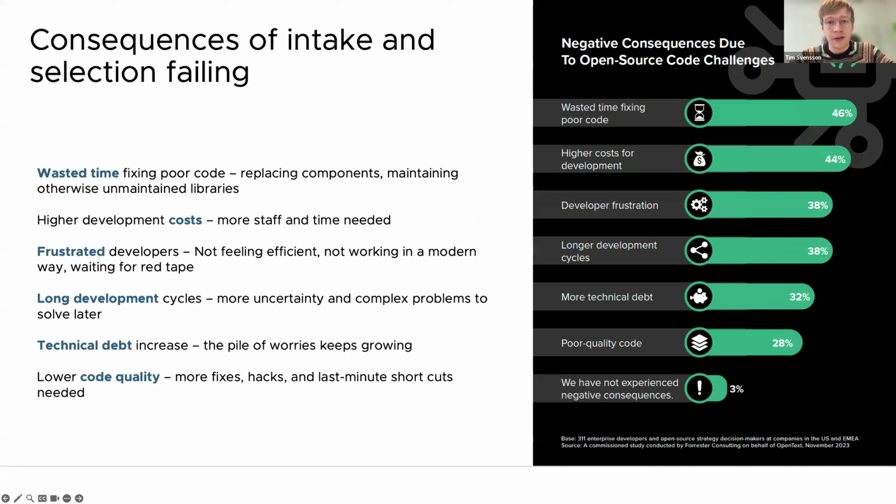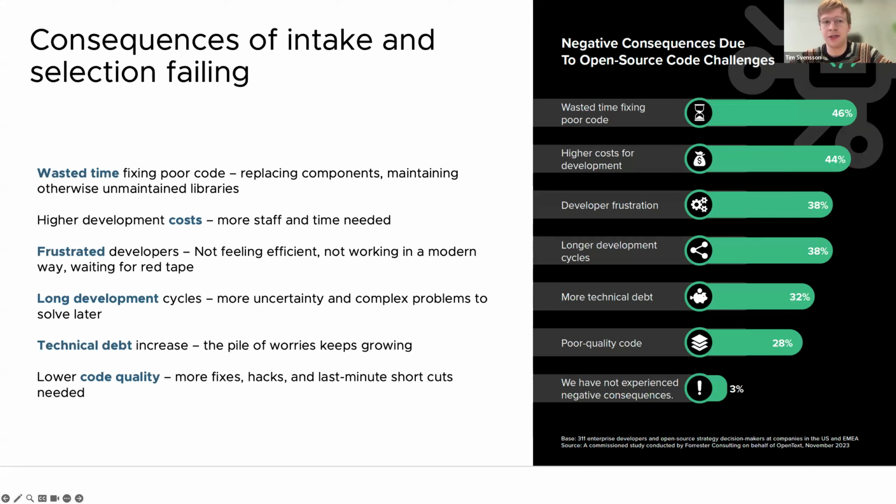So we asked, based on all of this, what are the negative consequences due to open source challenges that you face? And the most common one is wasted time fixing poor code. So that's having to replace components, maintain otherwise unmaintained libraries, just like we talked about earlier. And then 44% of respondents said higher costs for development, and that kind of goes into the previous point as well.